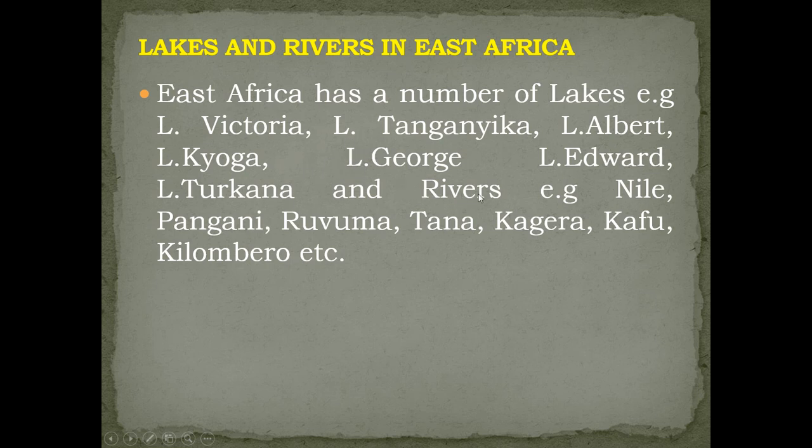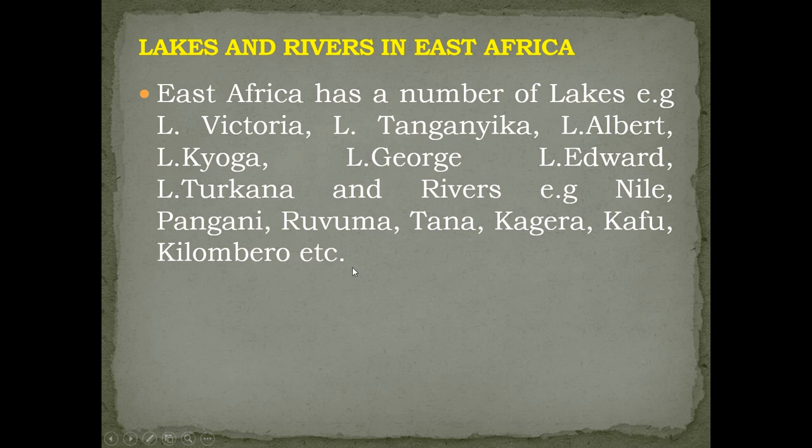Then we have major rivers, and the major river is River Nile because it is the longest in the world. So it is not only the longest in East Africa, but is equally the longest in the world. Then we have other rivers like Pangani, Ruvuma, Tana, Kagera, Kafu, Kirombero.